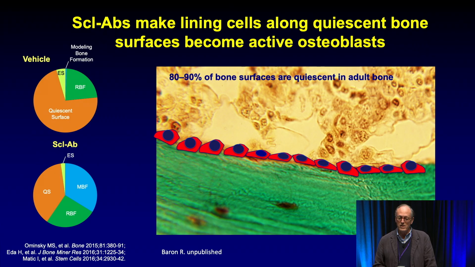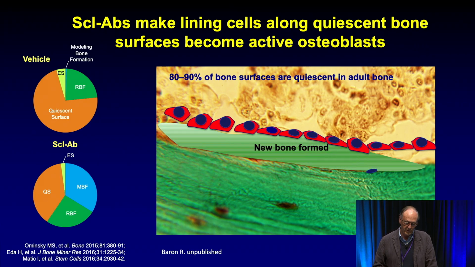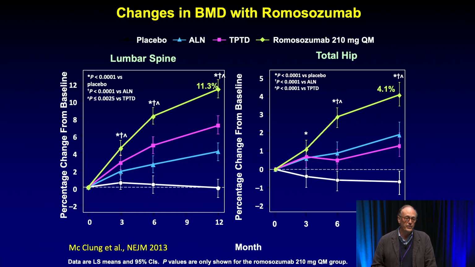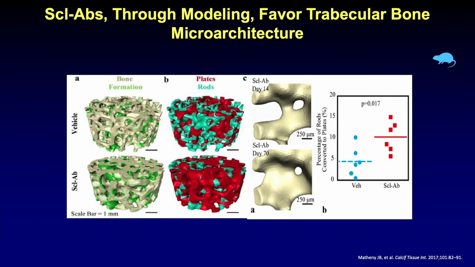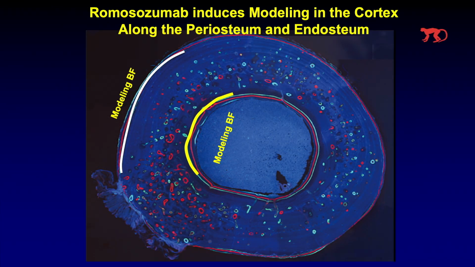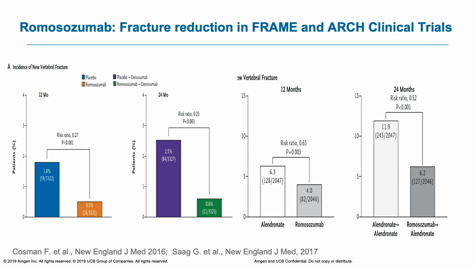Quiescent surfaces are activated directly into bone-forming surfaces. And this leads to a very significant increase in bone density at all sites, much more than parathyroid hormone or bisphosphonates. It improves the structure, you have to believe me on this, and decreases the rate of fractures in all the clinical trials.